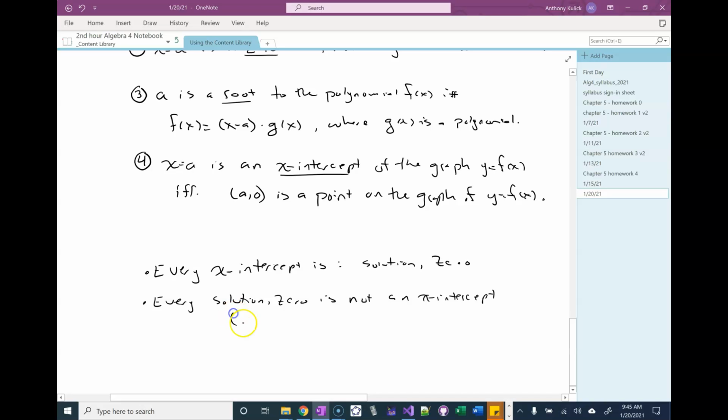What's the issue there? Zeros and solutions can include imaginary things, and when we graph, there's no place to put imaginary things on the xy axis.